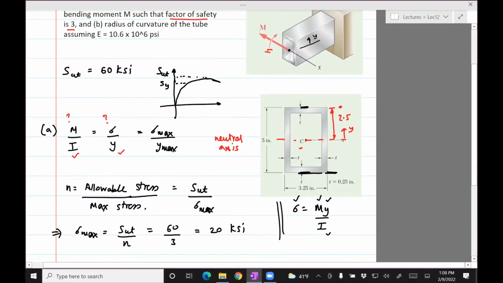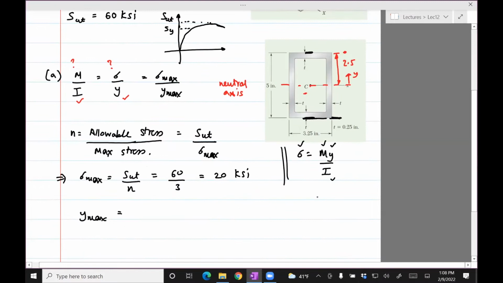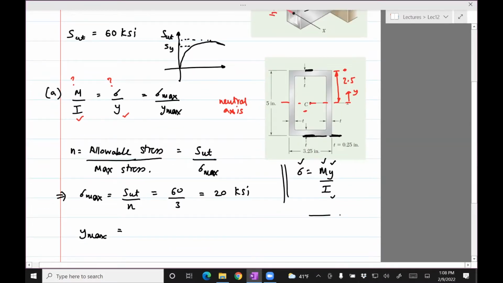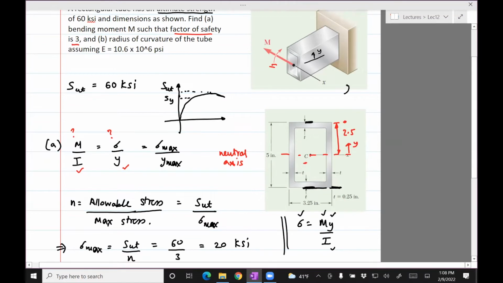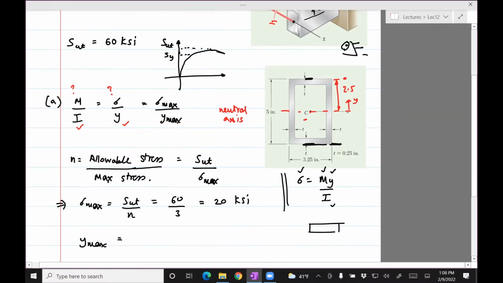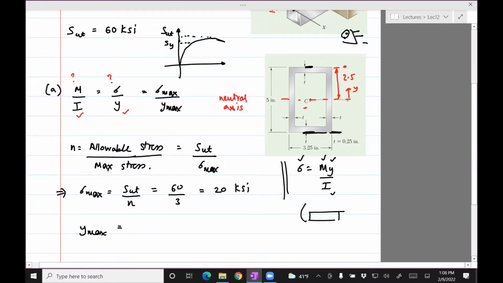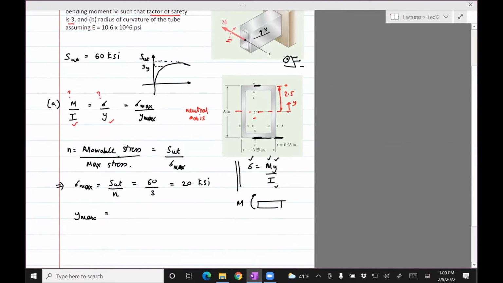Now in this case, if you look at the beam from this way, then you see that the beam is bent like this. Okay. So M is clockwise, which is negative.